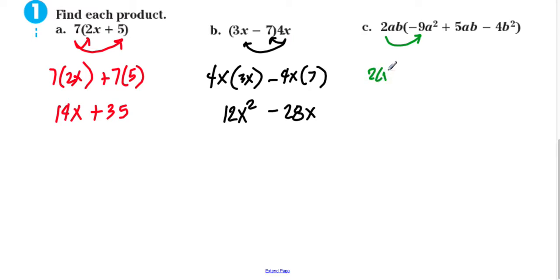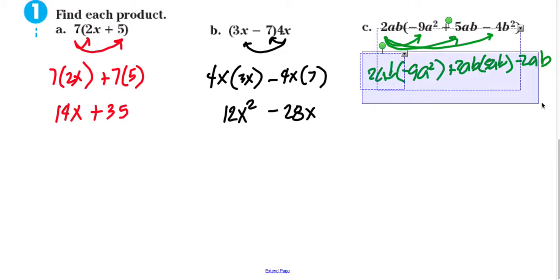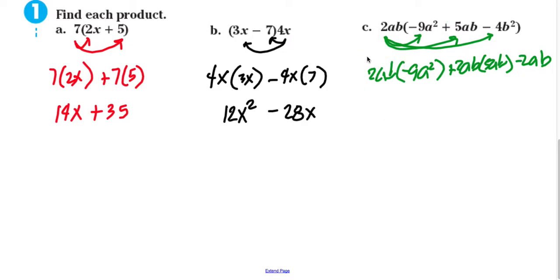Then 2ab multiplied by 5ab, and finally 2ab minus... Oopsie, it won't fit.